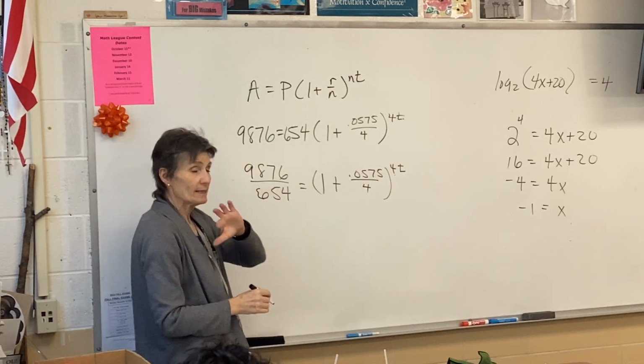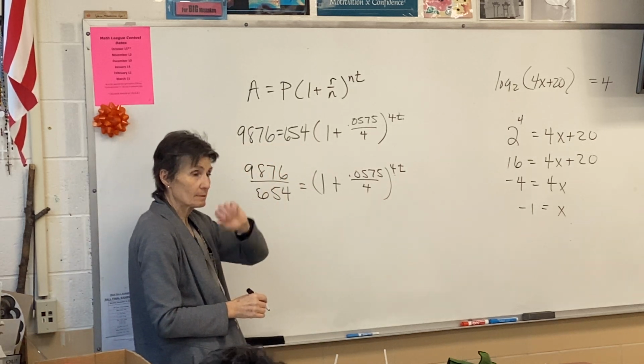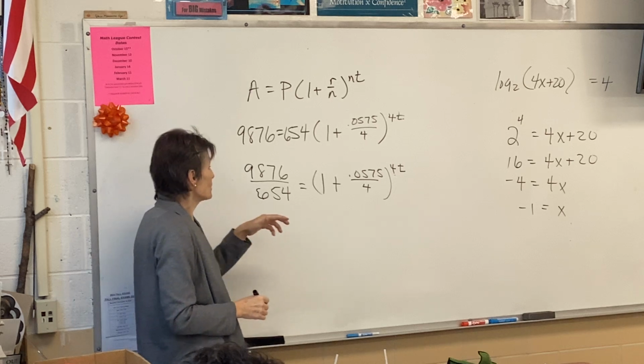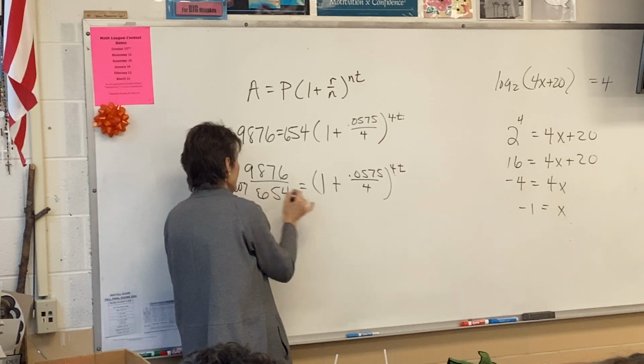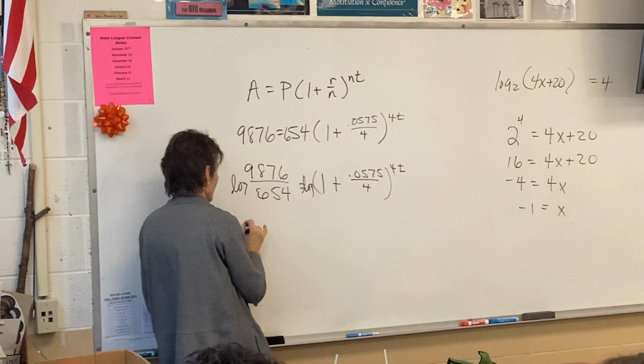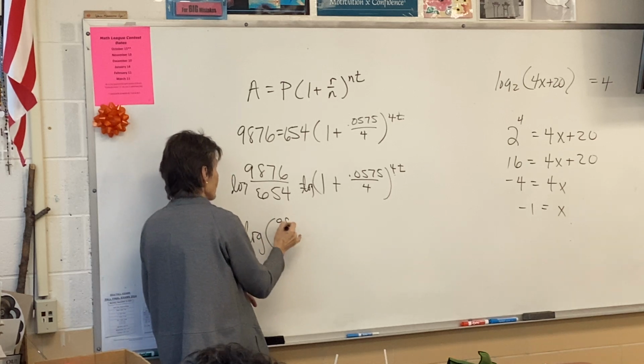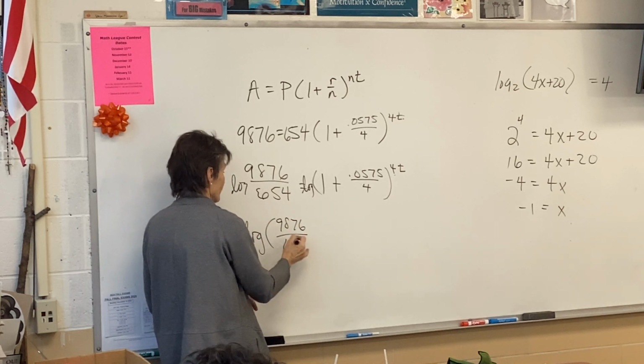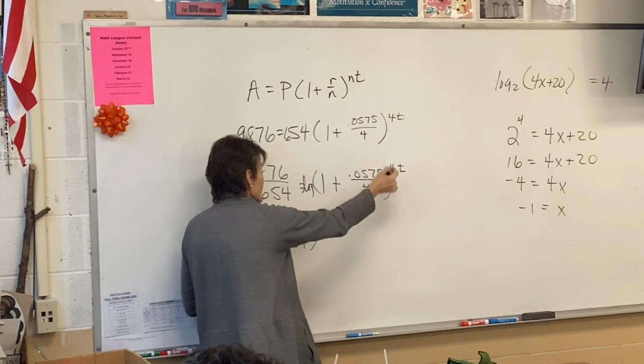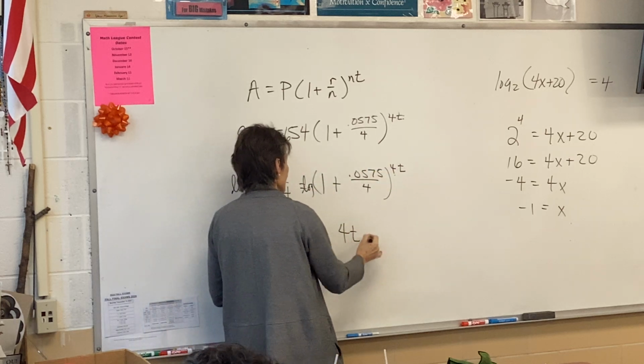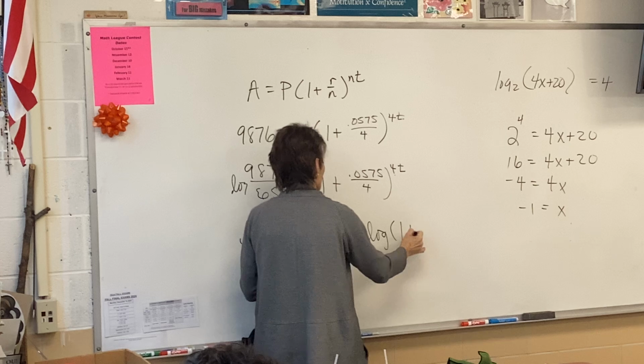Now, I'm ready to get that exponent down. So I'm going to take the logarithm of both sides. So I'm going to have the log of this fraction, and it's going to equal 4t log of this thing.